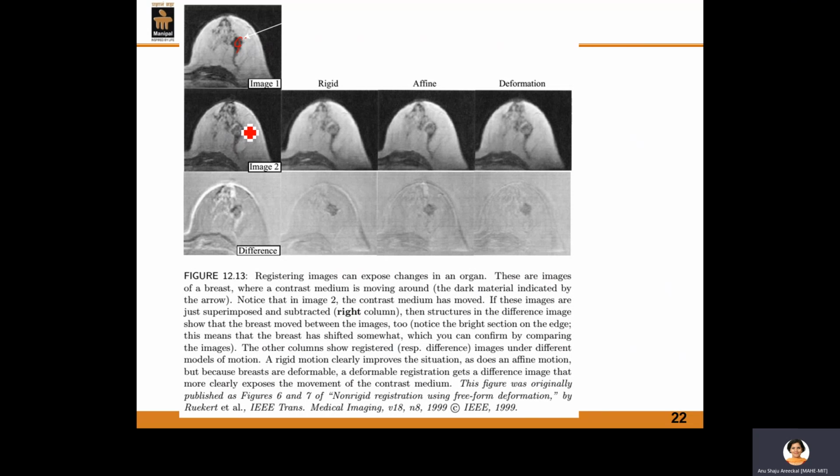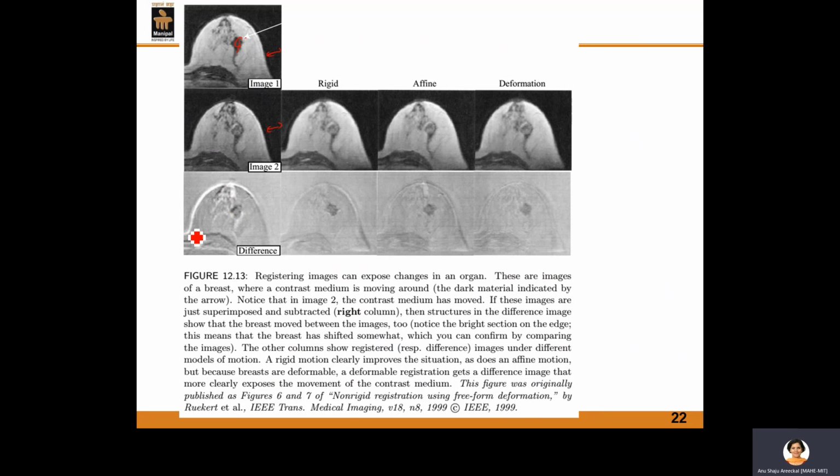There are different ways by which you can do that. For example, you can just take these two images, and when you look at them, they look somewhat similar, or somewhat aligned together, but they are not. It's clearly visible that they are not. Just look at the distance over here. Visually it looks aligned, and if you simply subtract these two images in order to find where exactly the contrast agent is, without doing any registration, you see these kinds of false edges formed over here.